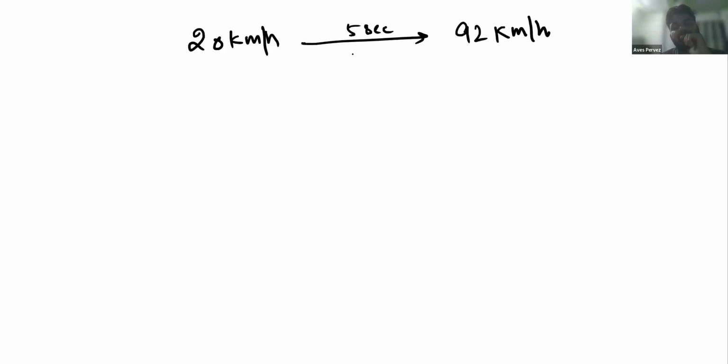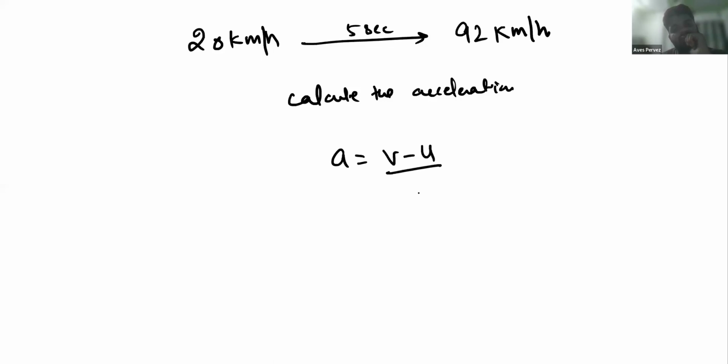Calculate the acceleration. 92 minus 20 by 5? No, we have to convert it into meters per second. So 20 into 5 by 18.